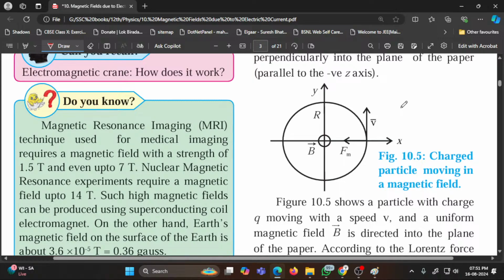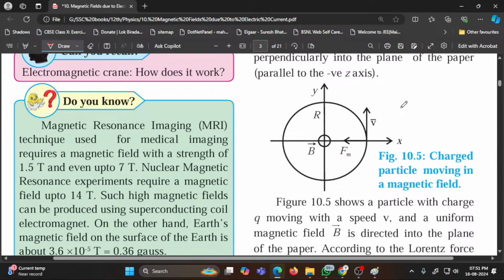According to the Lorentz force law, magnetic force on the particle will act towards the center of the circle of radius r, and this force will provide the centripetal force to sustain a uniform circular motion. V bar is in upward direction, that is positive y direction. Then the magnetic field is going into the page of the paper.